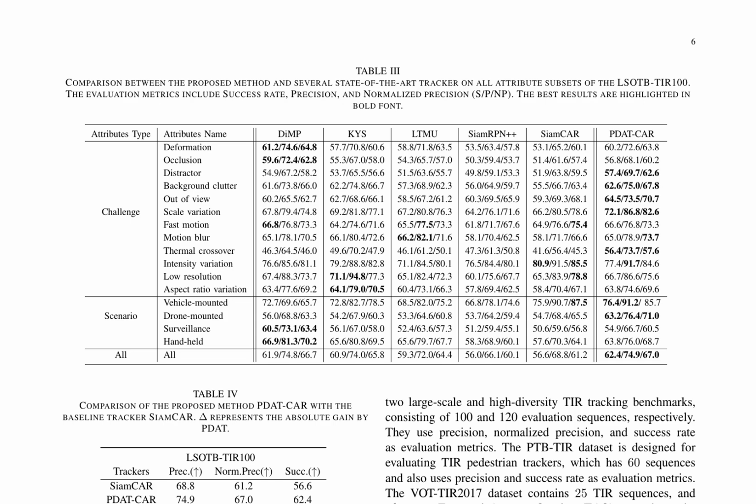The proposed method, PDAT, significantly outperforms the baseline tracker SiamCAR in TIR tracking, achieving an absolute gain of over 6% and 5% in precision and success rate, respectively.